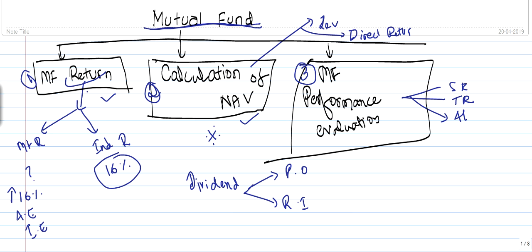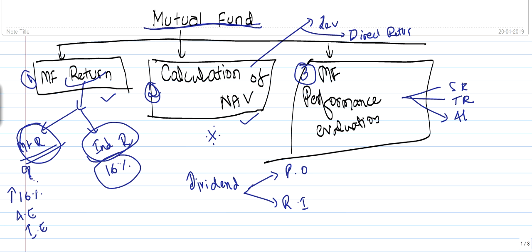In case of mutual fund return, we have the individual return, that is other than the mutual fund, and the mutual fund return. From that we have to calculate what is the required mutual fund return. For example, if the individual return is 16%, what is the required mutual fund return?